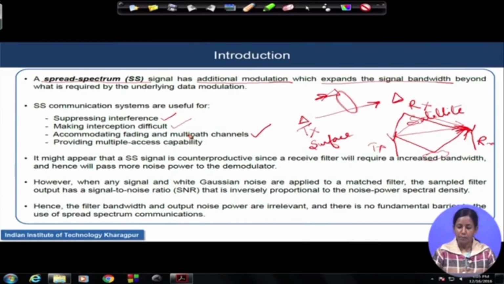It also helps us with the multiple access capability. What is this multiple access? Suppose you are in a wireless environment and you are using a typical technology to communicate with your receiver, and like you, there may be multiple users who are at a time trying to access the radio channel to transmit their corresponding data to their own receivers.